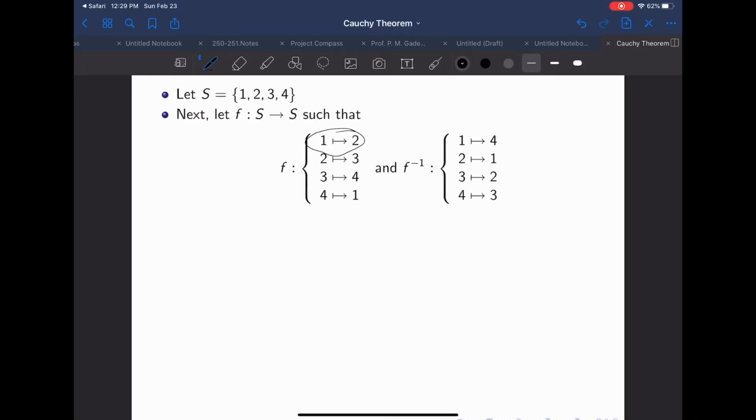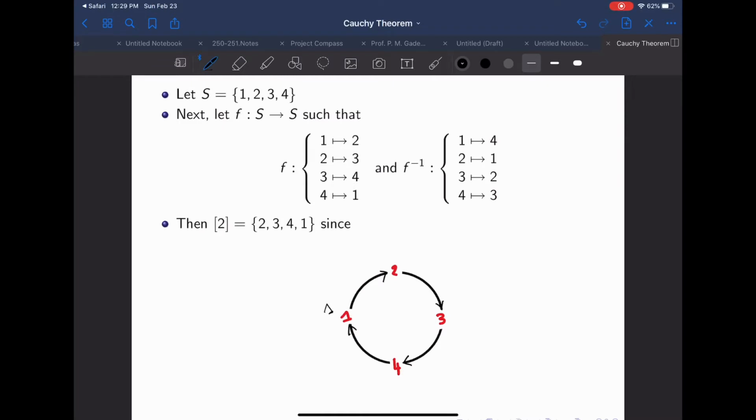we will say here that x is related to y if and only if there exists some integer k such that y is f^k of x. Okay, so suppose we start with the element 1, right? So notice that 1 goes to 2 through this map here.